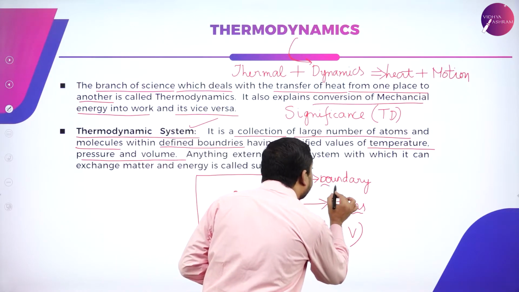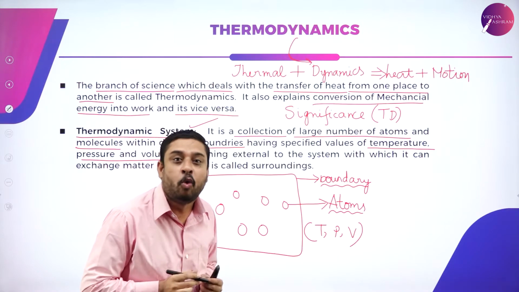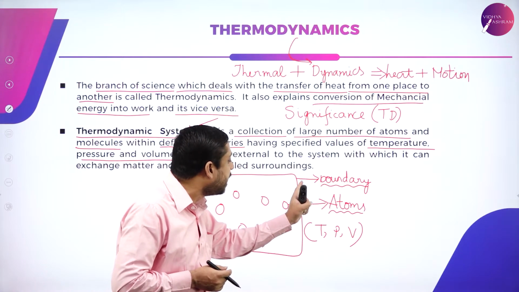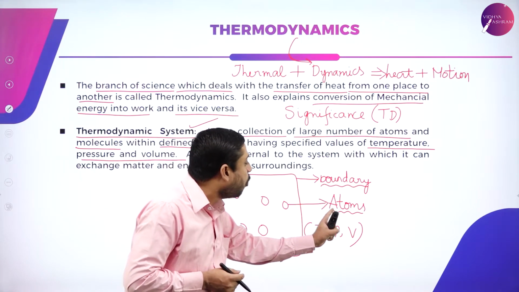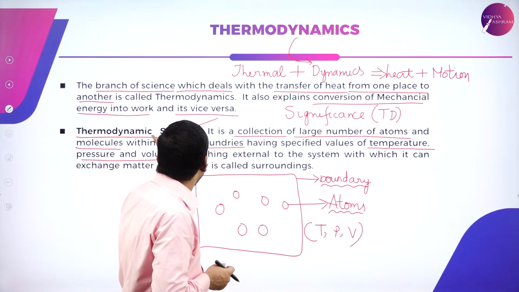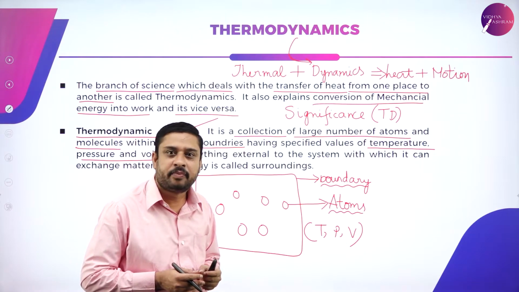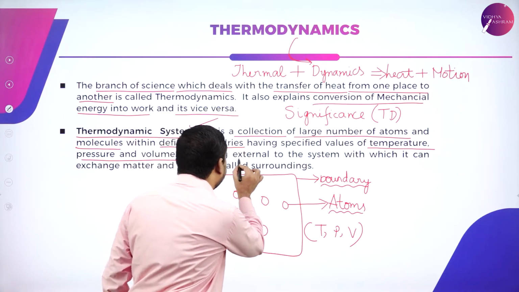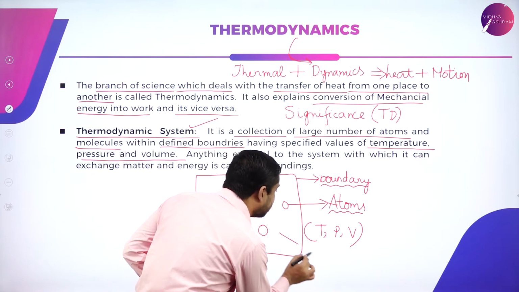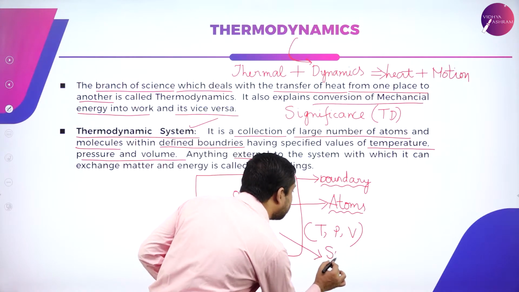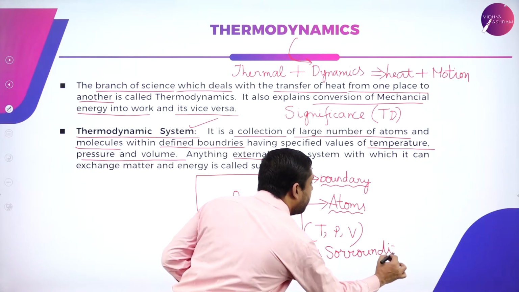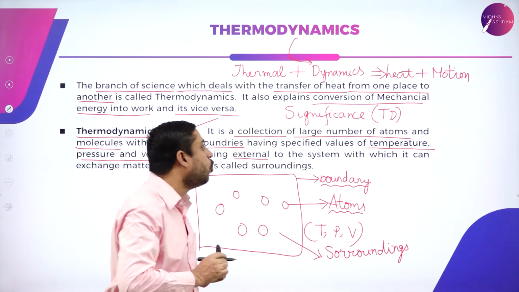Within specific regions called boundary, and they should have specified temperature, pressure and volume. Such an arrangement is called a thermodynamic system. And anything which is external to this system, which is out of this system, is what we call surroundings.